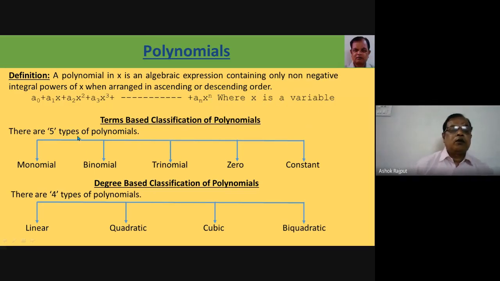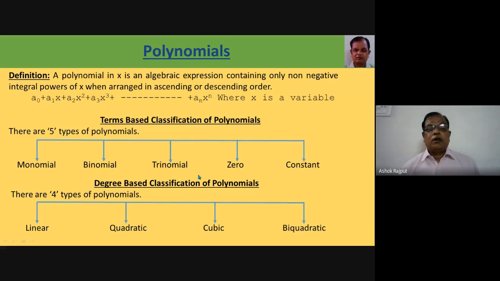Now we classify the polynomials. First we classify the polynomials based on terms, and after that based on degree. There are five types of polynomials based on terms: monomial, binomial, trinomial, zero and constant.